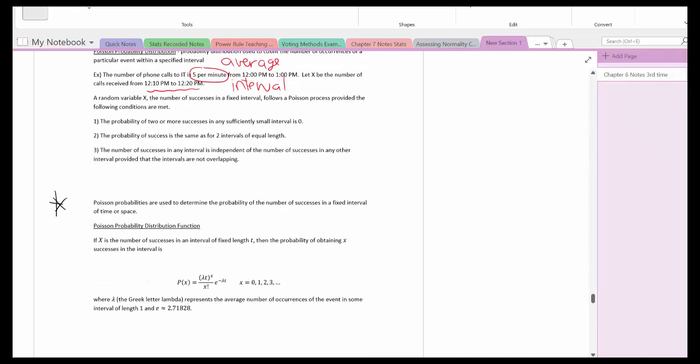So the Poisson probability distribution function: if X is the number of successes in an interval of a fixed length t, then the probability of obtaining X successes in the interval is given by this formula, where lambda represents the average number of occurrences of the event in some interval. So again, we won't be using the particular formula. I will show you how to put this into the graphing calculator.